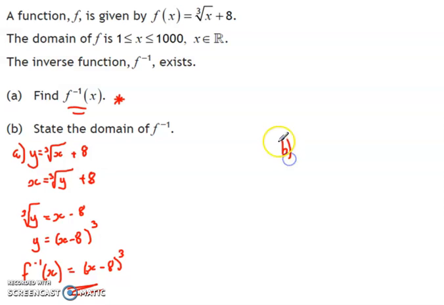The second part of the question is looking at the domain of the inverse. For the domain of the inverse, what we can actually do is find the range of the original function and then take that and make it the domain of our inverse function. So I find the range of f of x.